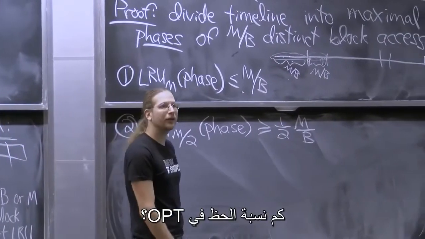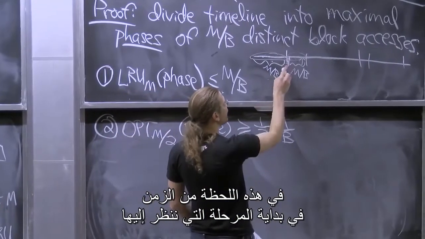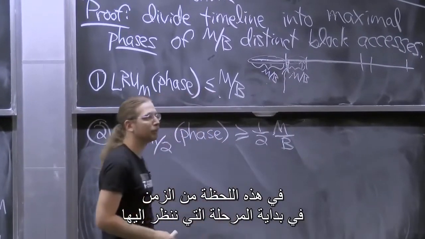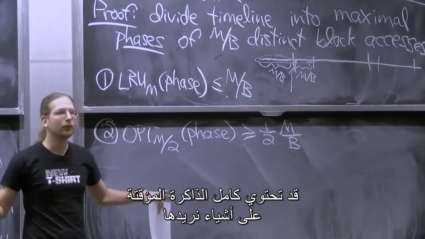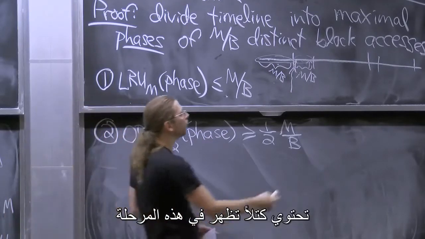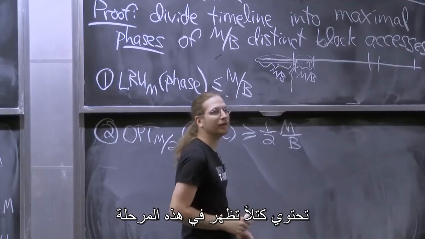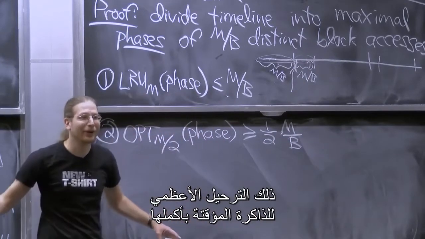So how lucky could opt be? At this moment in time, at the beginning of the phase we're looking at, it could be the entire cache has things that we want, has blocks that appear in this phase. That's the maximum carryover, is the entire cache.